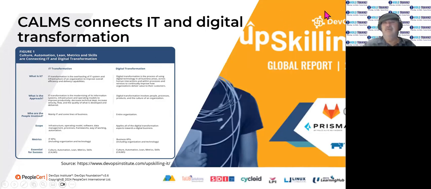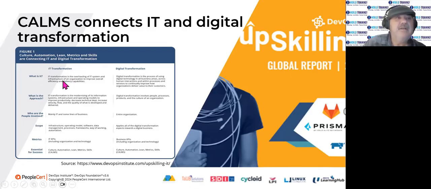This is actually a report from the DevOps Institute called Upskilling, and one of the excerpts from that is just comparing the idea of culture, automation, lean metrics, and skills, and how it's connecting IT transformations with digital transformations.